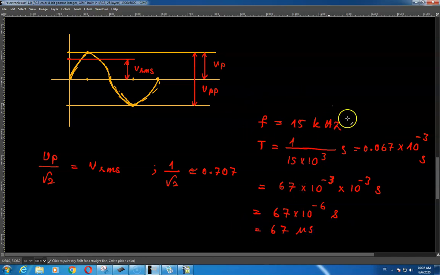So if you had a wave with a frequency of 15 kilohertz, your period would be 67 microseconds.